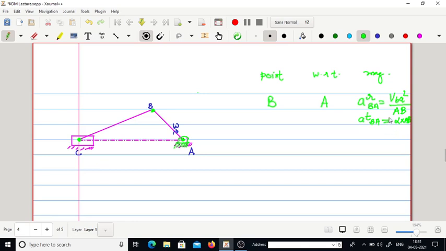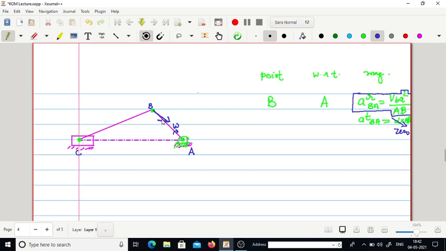Since alpha is taken to be 0, this vector will be 0. So we will only get the radial component of the acceleration for the point B with respect to A. And what would be its direction? Its direction will be from B to A.